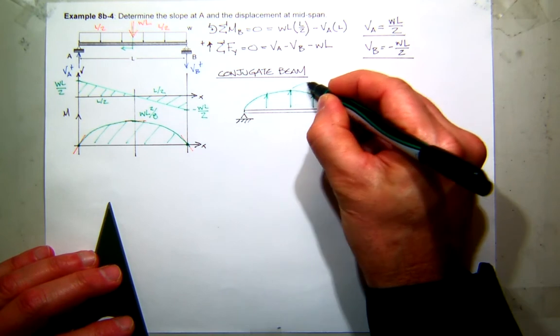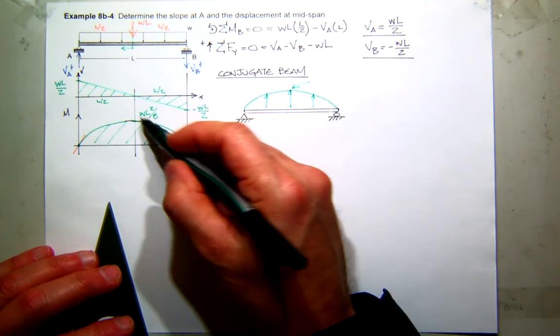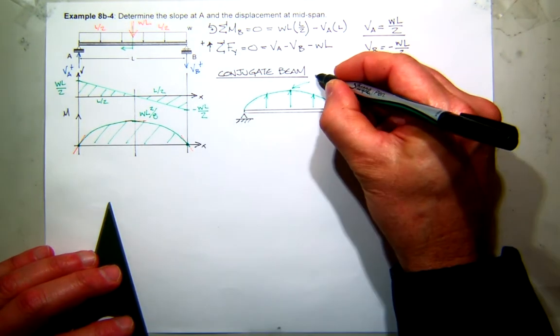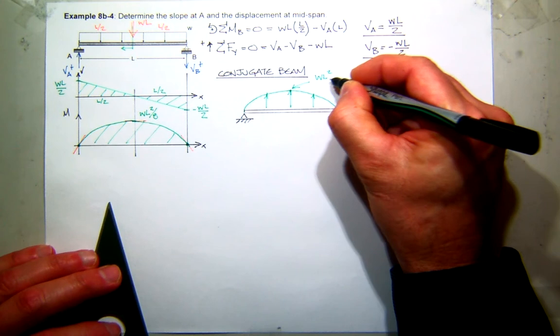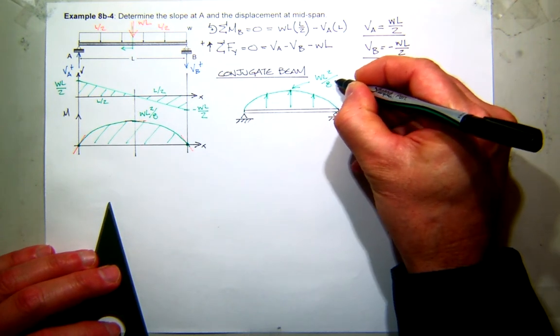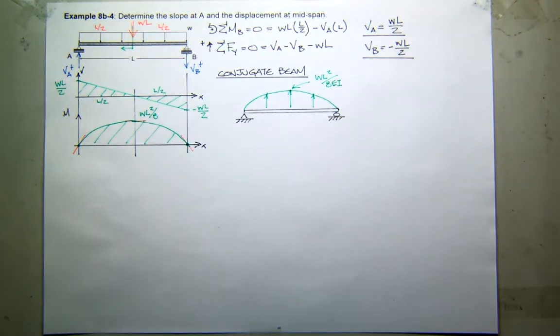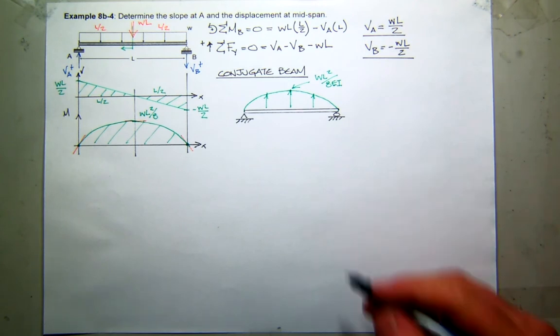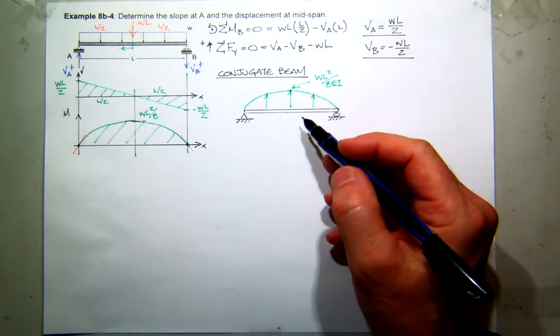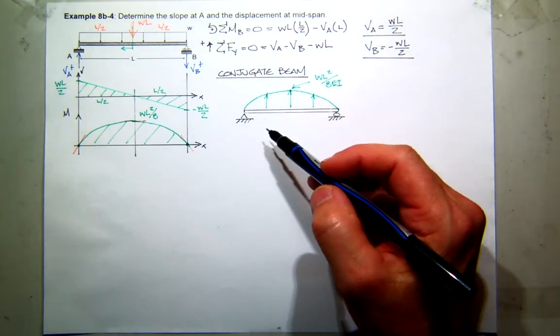And what's the intensity of that load going to be? It's going to be the moment divided by EI. So that's going to be WL squared over 8 EI. Okay? Now that we have our conjugate beam established, what's the problem?